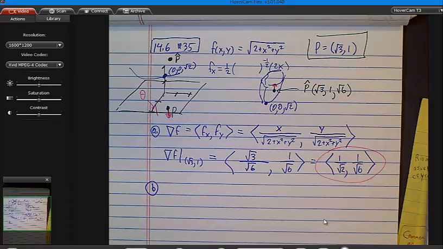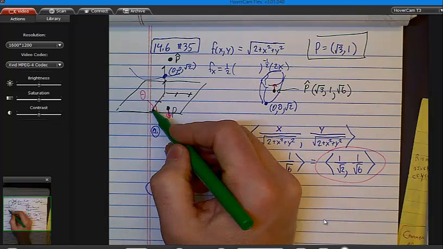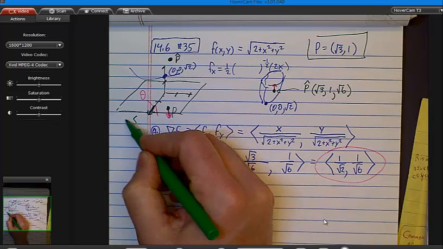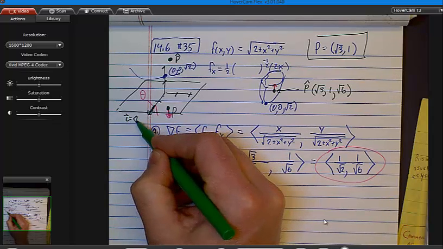There's a formula that we should know about the angle between vectors that really gets it for me. What's the vector right along the x-axis? That's the vector i, (1, 0).